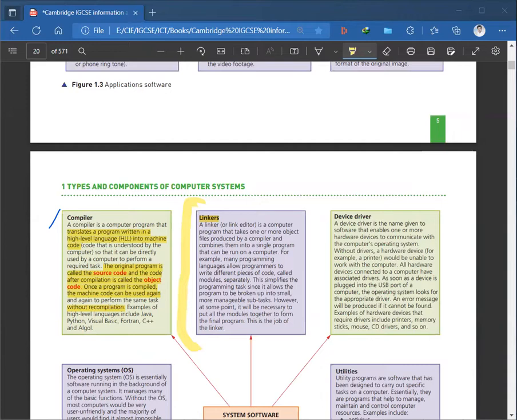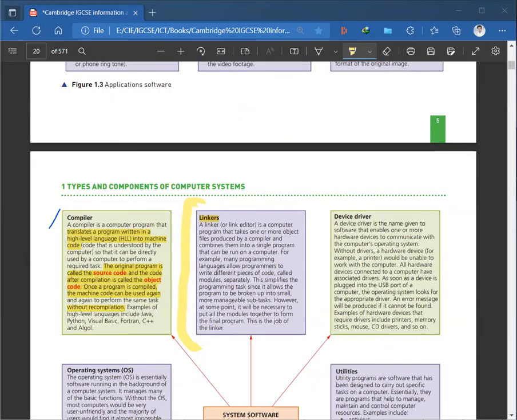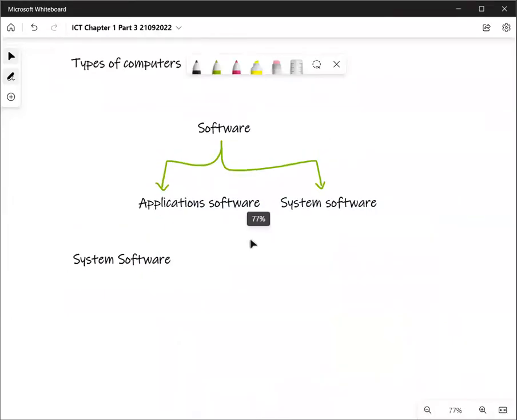Ranjana, ready? Writing? So first, what do I have to write? This. Okay.